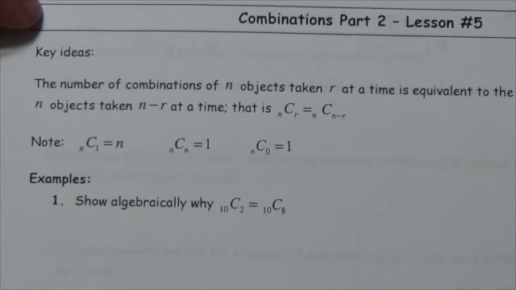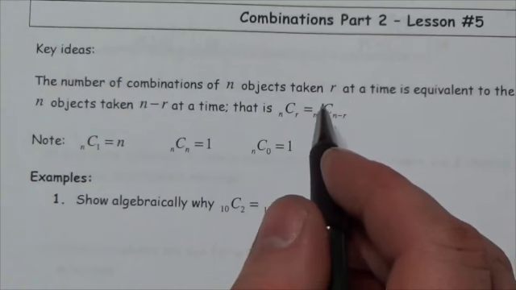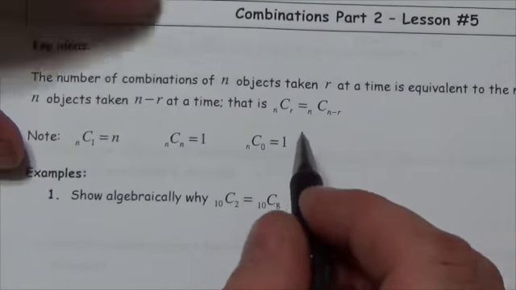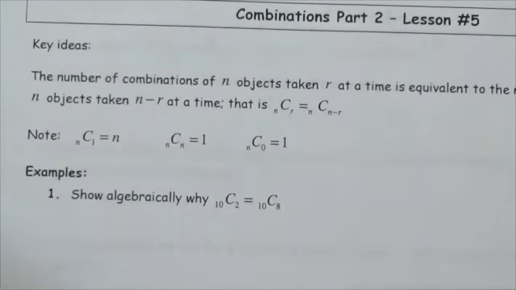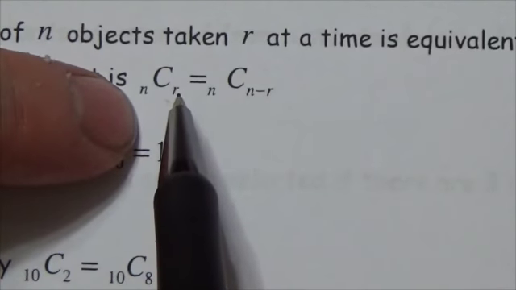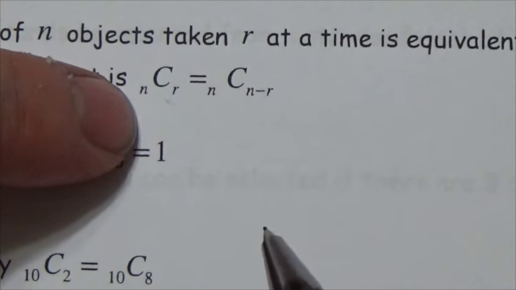The thing to notice here, one of the key ideas, is something that we've hinted at in a previous lesson: if you've got n objects and you're choosing r of them, if you choose r of them, you can get the same result by choosing n minus r of them.